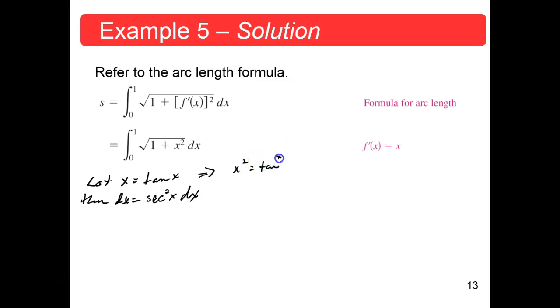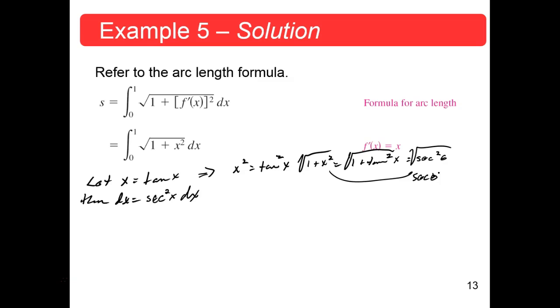Tangent squared theta. And add 1 to it. 1 plus tangent squared theta. And right there, I think I would say let that equal secant squared theta. Wouldn't that be okay? Because you know 1 plus tangent squared theta is secant squared theta. And then take the square root of this, and that is equal to secant theta.